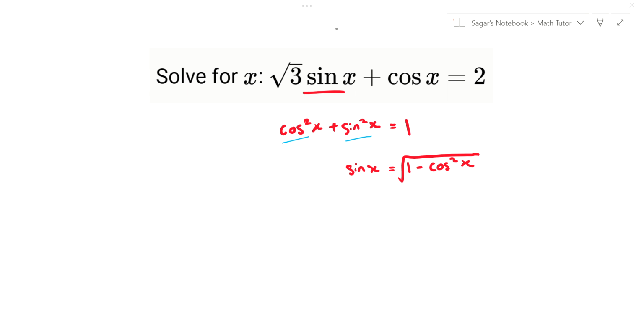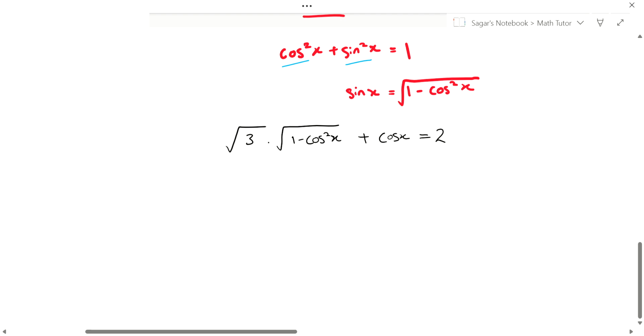Now let us substitute into the equation: root 3 multiplied by the root of 1 minus cos squared x, plus cos x, is equal to 2. Let us further simplify. On the right side we have 2 minus cos x.